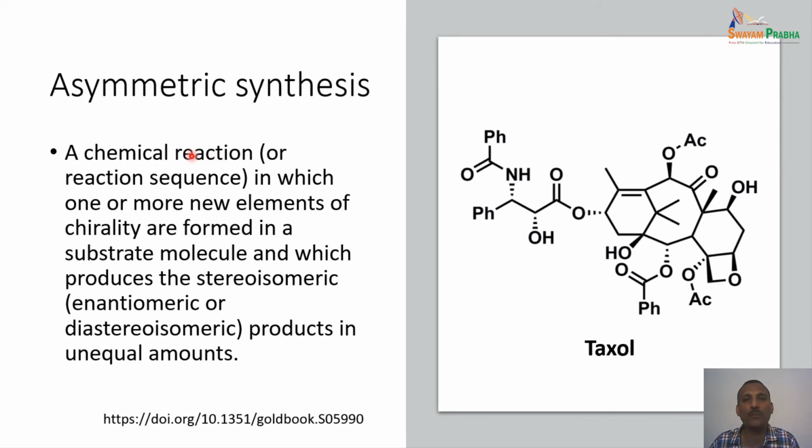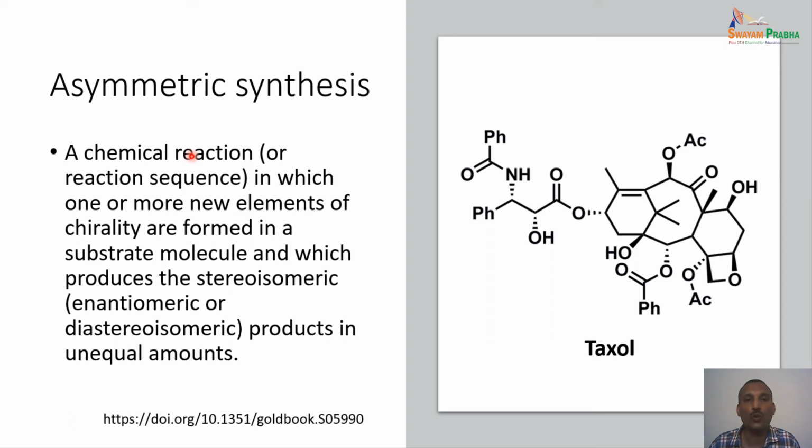In simple terms, you start with compound A. Compound A gives two products, B and C, let us say. B and C are both stereoisomers, and B is formed in large excess compared to C. So from A you are making B and C, out of which B is one of the stereoisomers which is formed in large excess. That means you have an asymmetric synthesis of compound B.